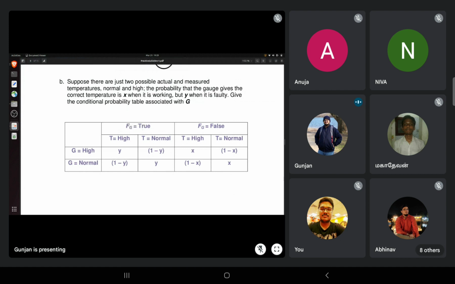Okay. So Fg is true means that the gauge is faulty, and Fg is false means that the gauge is not faulty.